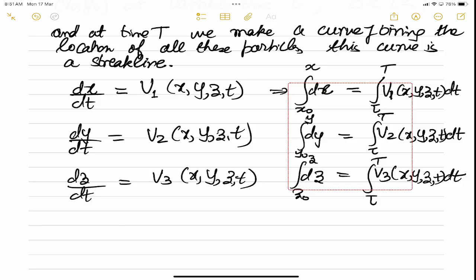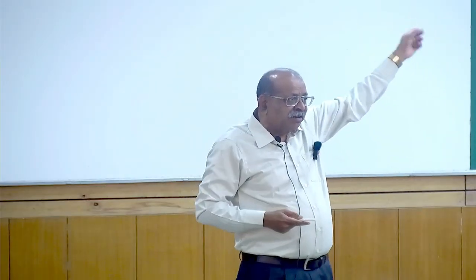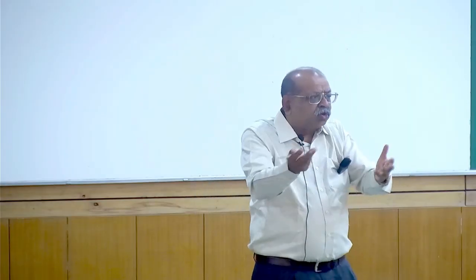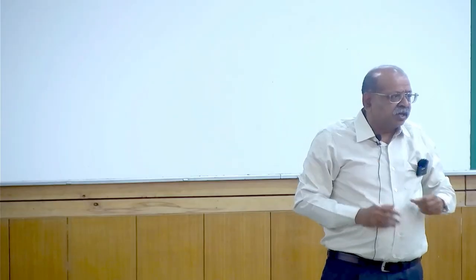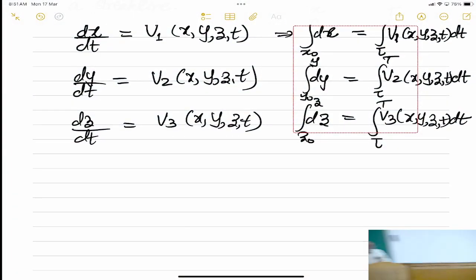The upper limit is not variable, which was there in the path line. What is varying is the lower limit tau, which goes from 0 to capital T. Again, once you solve one or two problems, it will become straightforward. So we'll look at these examples in the tutorial today.